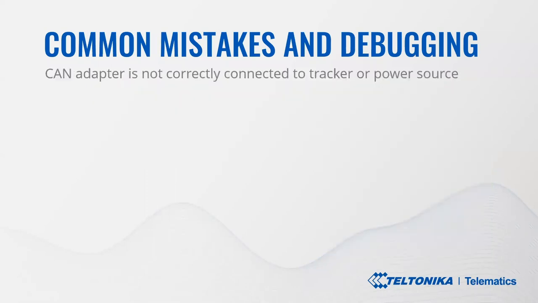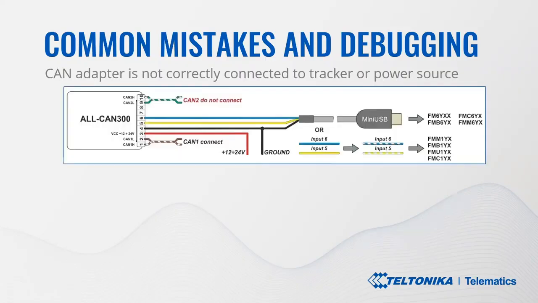Another common issue is that CAN adapter may be not correctly connected to the tracker. CAN adapters such as AllCAN, CAN Control, LVCAN 200 must be connected to our tracker via serial port, using mini USB for FMB6 and older units. For our newer units such as FMB1 series, input 5 and 6 must be used.